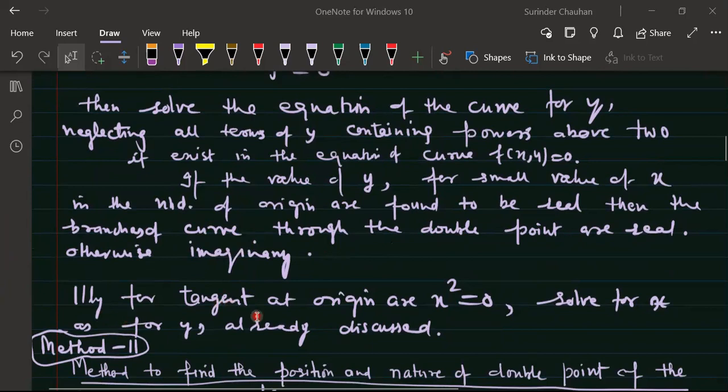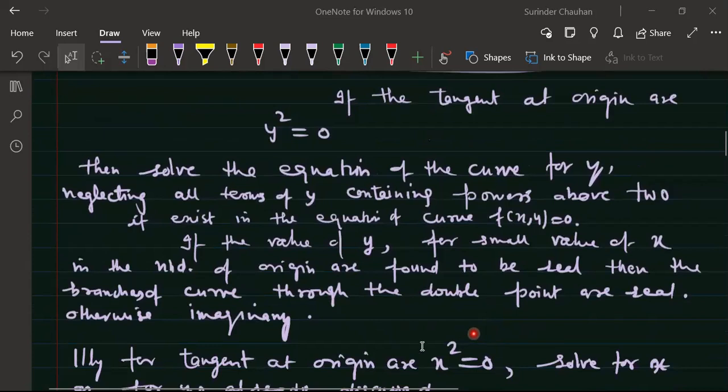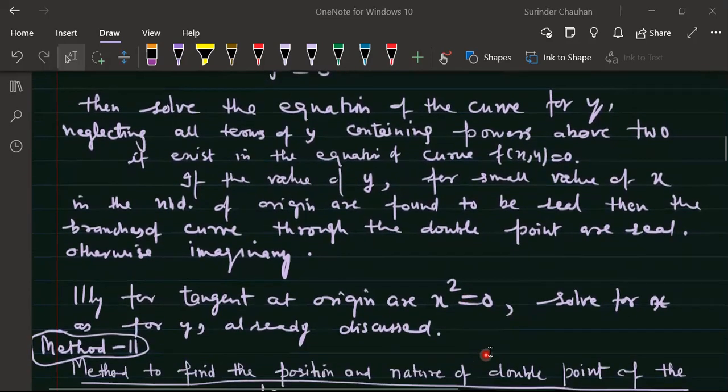Similarly, we can discuss if the tangents at the origin are given by x squared equal to 0. Then we solve the equation for x, neglecting the terms of x whose power is greater than 2 in the equation f equals 0.